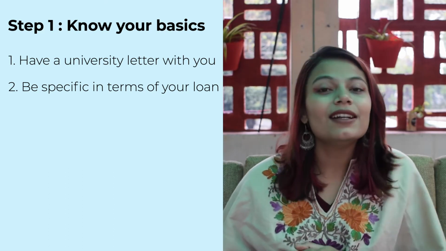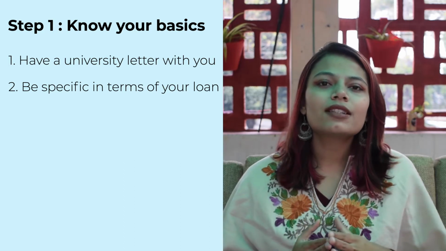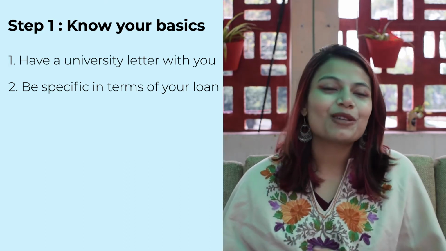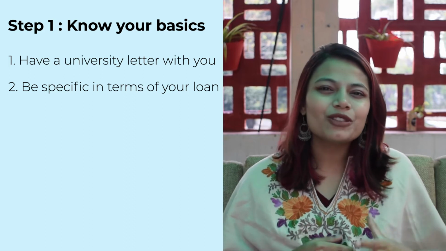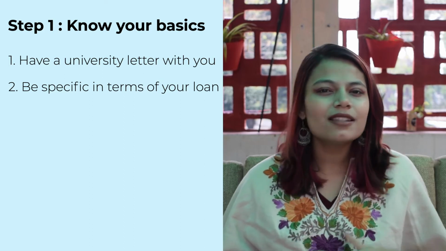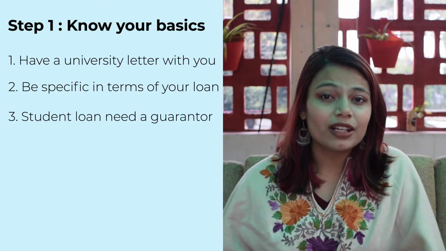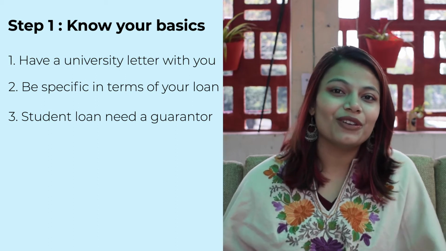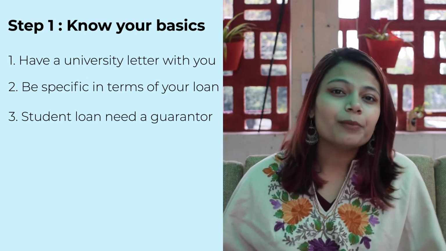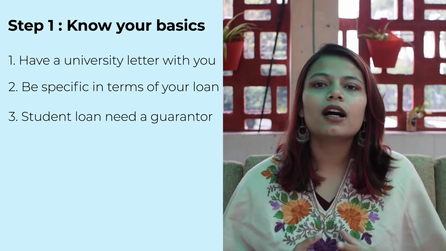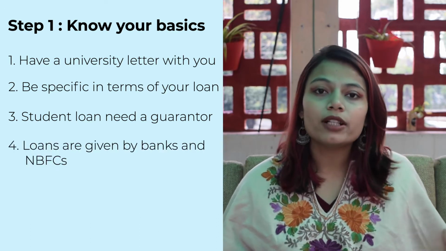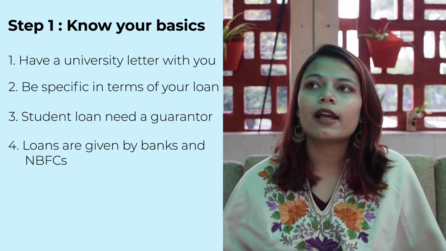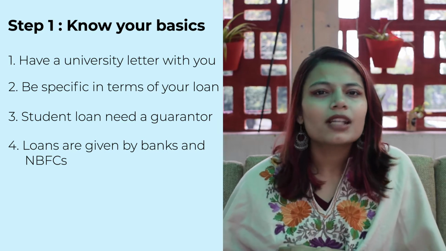The second one is that student loans can be of various types, so they don't actually all cover your expenses. You need to be very specific about which kind of student loan you are going for. Thirdly, a student loan needs a co-applicant while signing it, so it has to be like a guarantor.